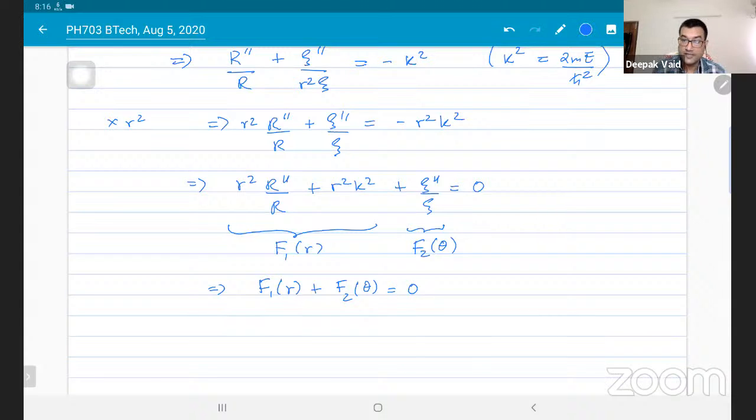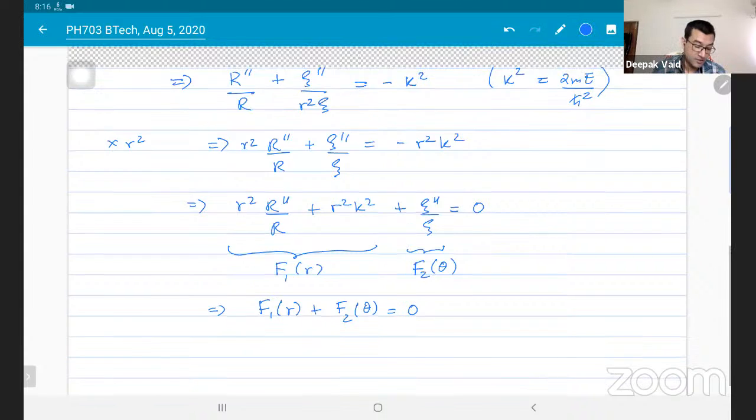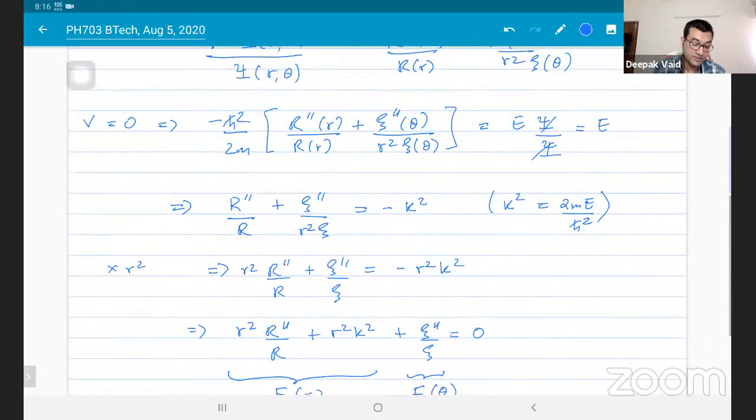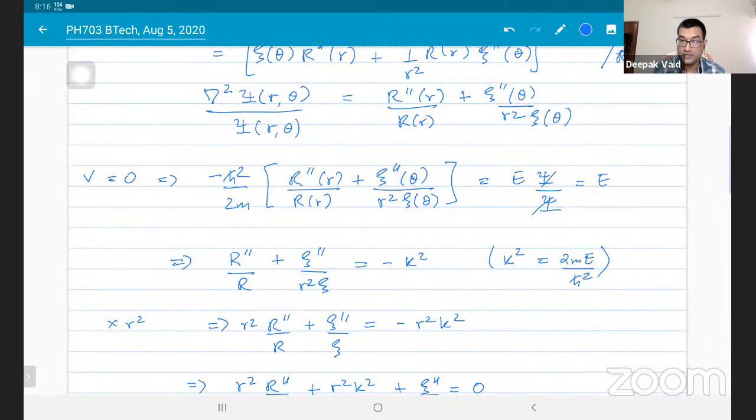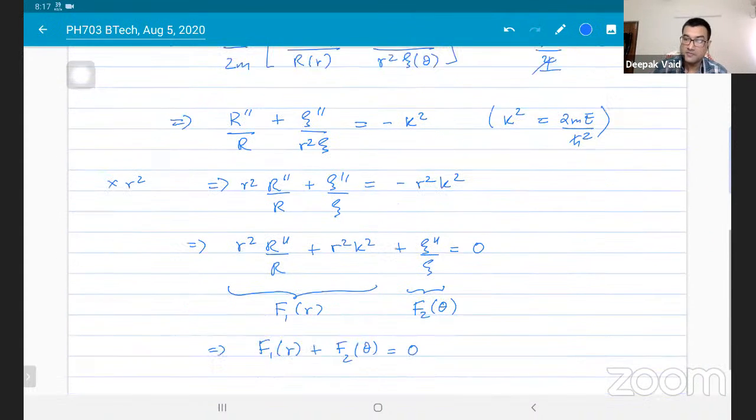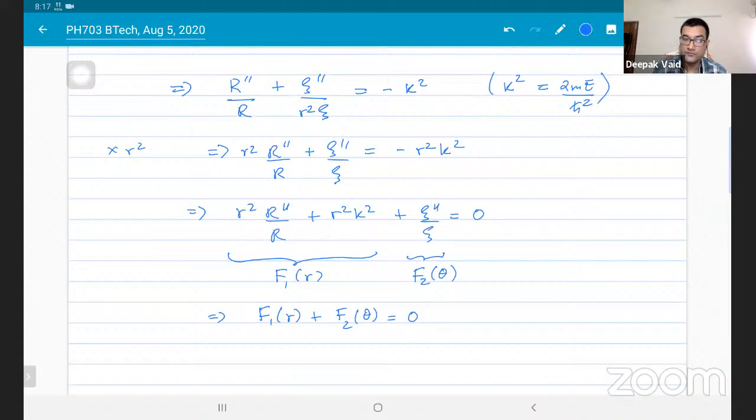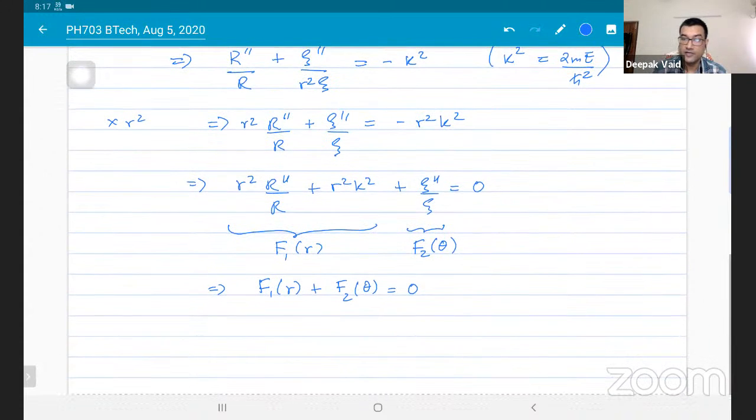And the thing is that this is an identity, because we have not made any assumptions about what the values of r and theta are, right? So there might be some special values for which there is some singularity, some singular solution. But apart from those singular points, this is true for all r, theta, right?